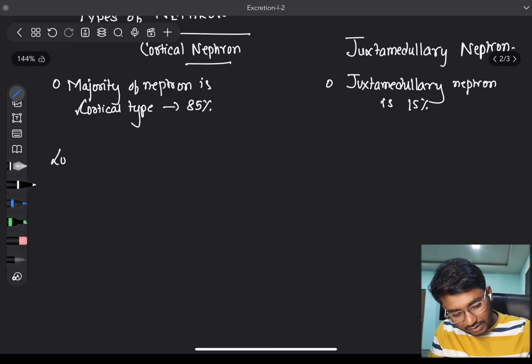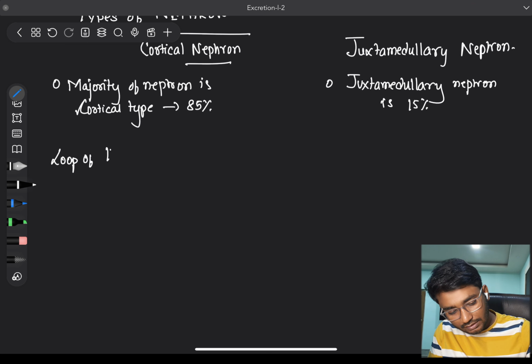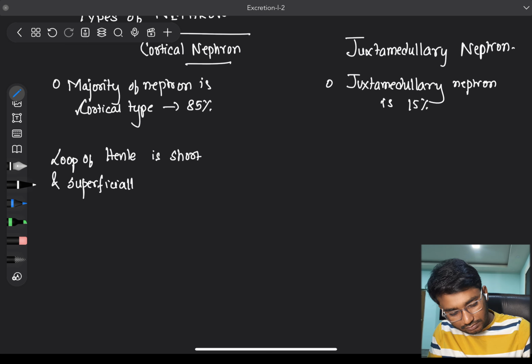Next, the loop of Henle is short and superficially penetrates the medulla.